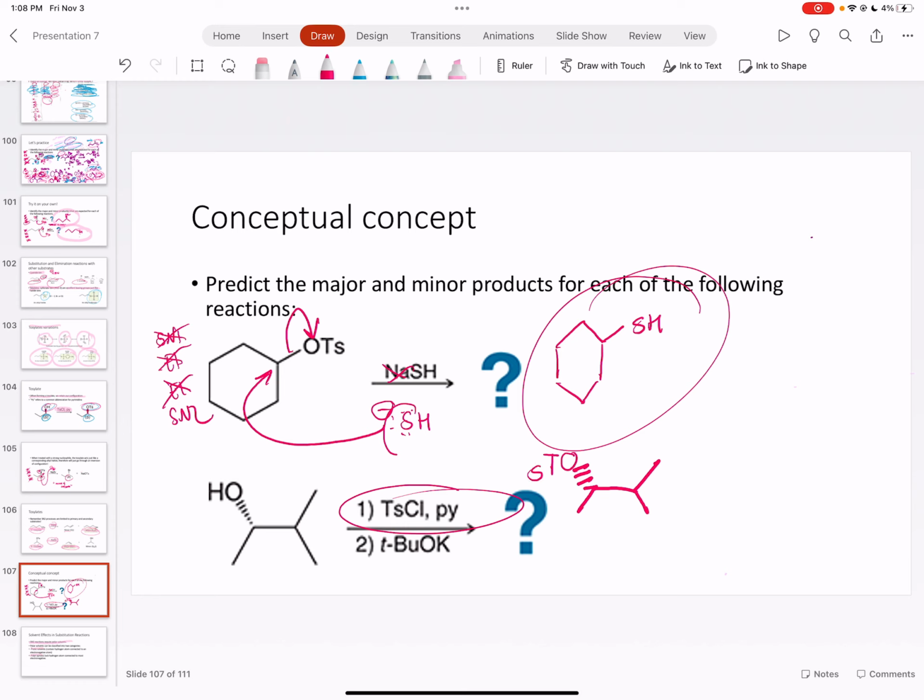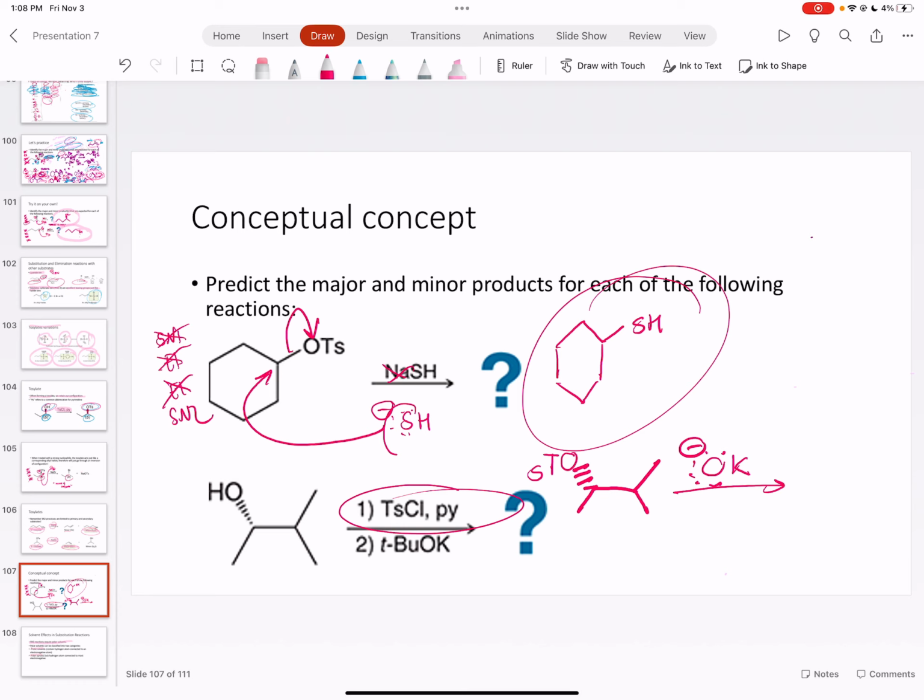And it's going to look just like that. And then we have tert-butyl, okay, or I normally write it just like that because it's a little bit easier.